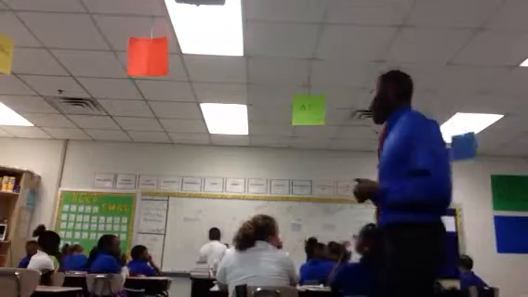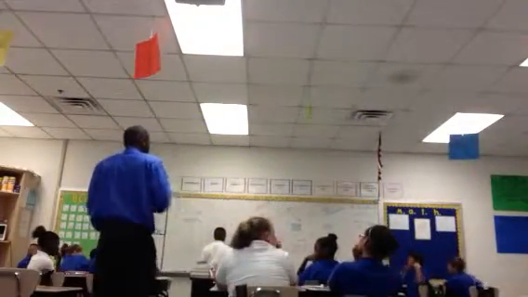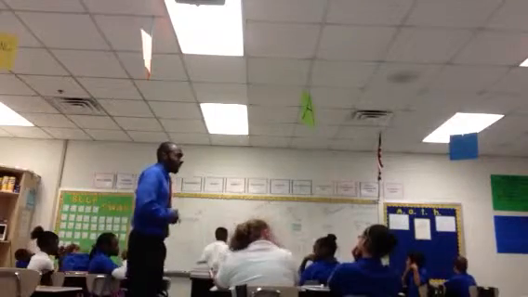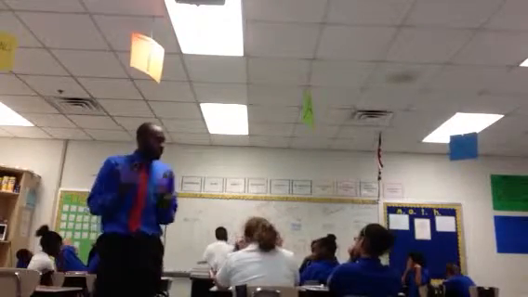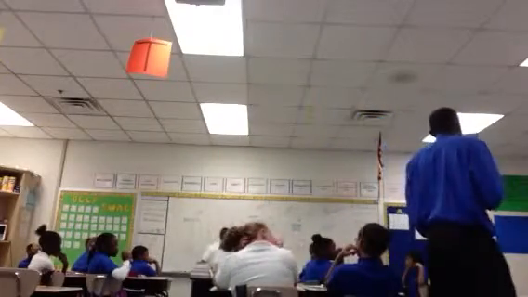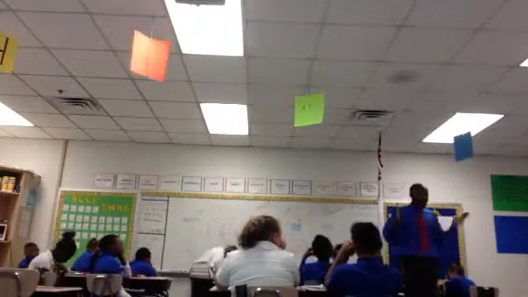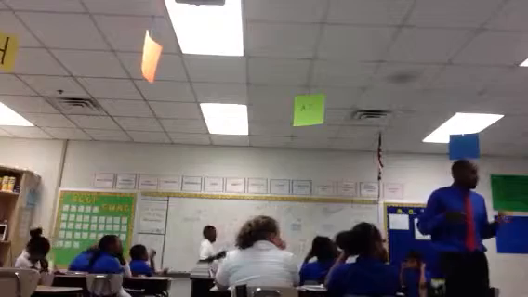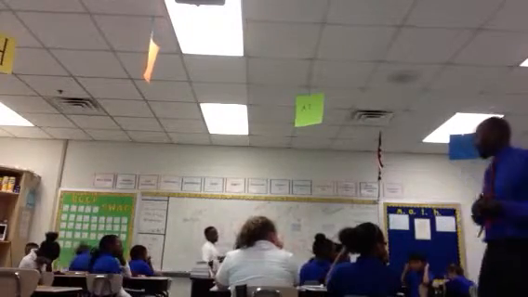So when I ask you to explain your answer, which you know I do, when I ask you to tell me how you got your answer, that's what I'm looking to hear. I kept my denominators the same, or I found a common denominator, right? And then I added my numerators. Or I multiplied the numerator and denominator by the same number. Very precise language, very important.